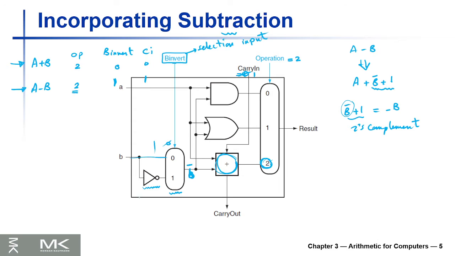So here it will be 1, so the output will be B complement. So we learn something here. We learn that the operation code, or the selection code, in the bigger mux here for the addition and subtraction is the same, but we added another input to differentiate between the two operations, addition and subtraction.